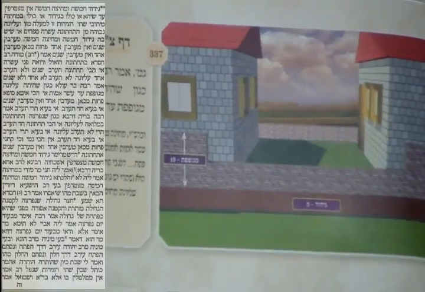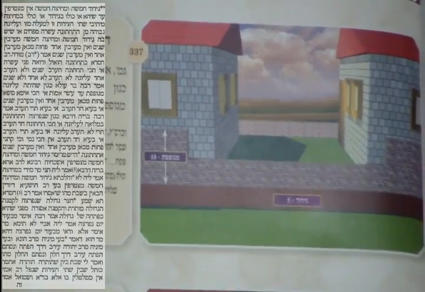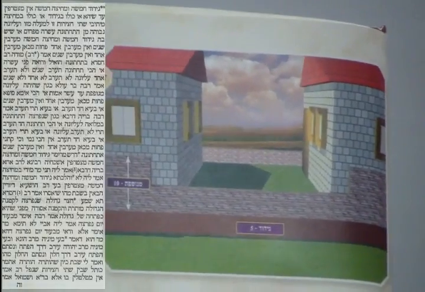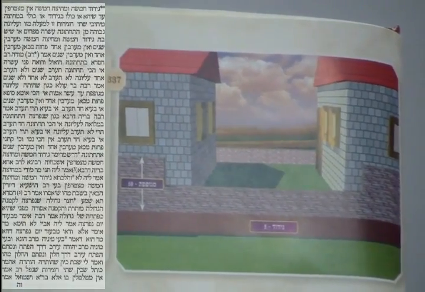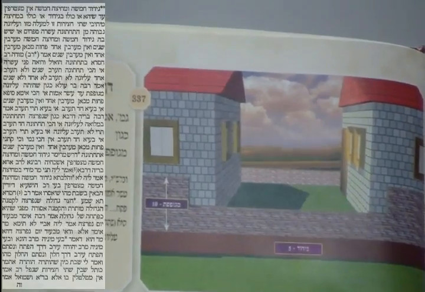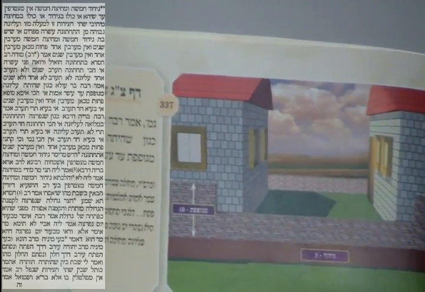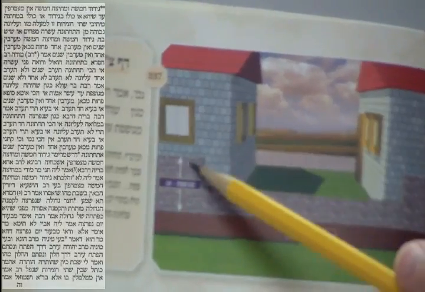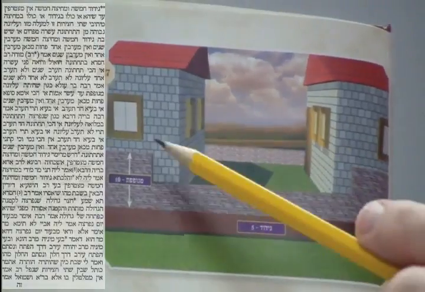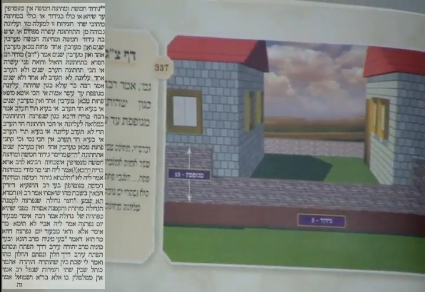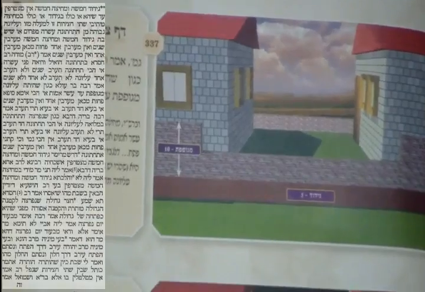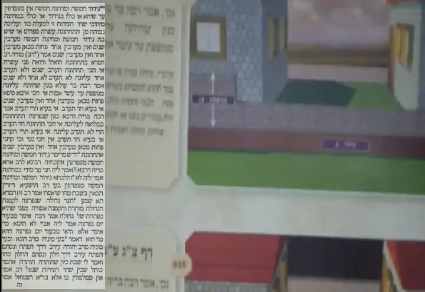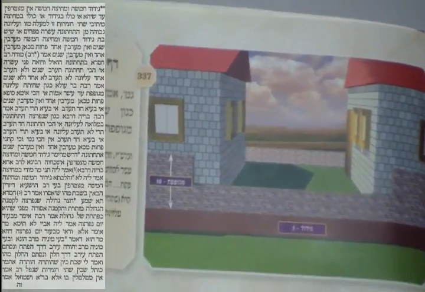So therefore, you have here a partition for both domains, because the bottom one is considered totally satum, totally locked, because even the middle 10 is considered a full mechitza. And the top one has a mechitza with the petach. So the top one can make an independent eruv. So, therefore, you have to have two separate eruvin.